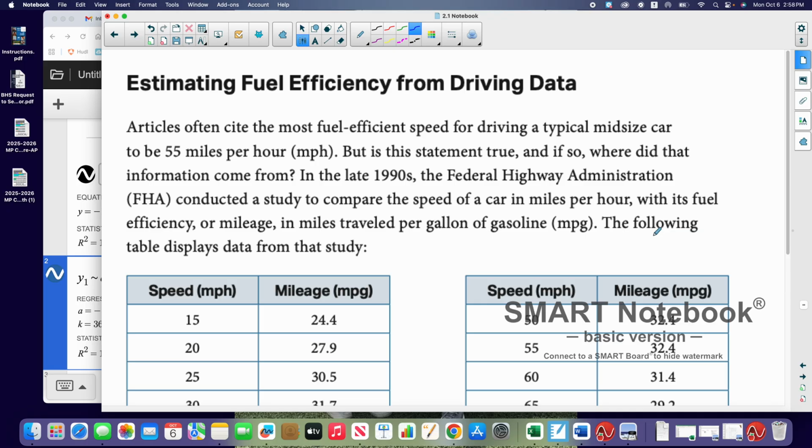Now I'm going to save you a little bit of time. So if you'll go to Schoology real quick, I put this data into Schoology for you. Go to Schoology and the fuel efficiency link that you have there.